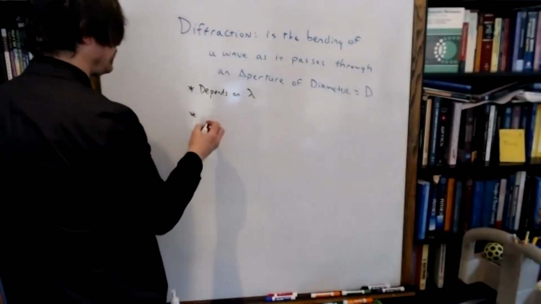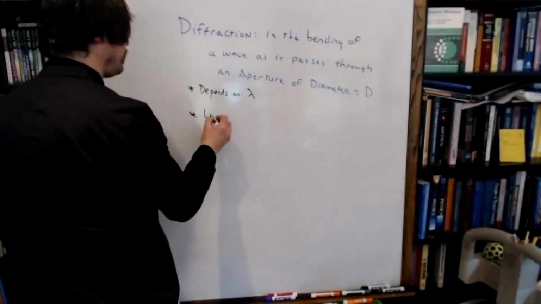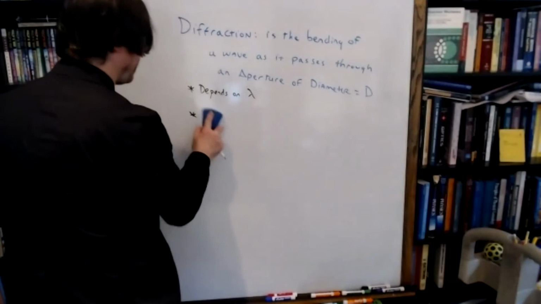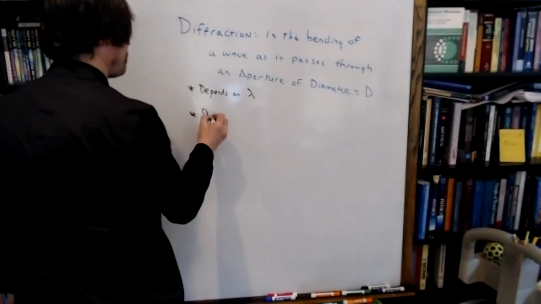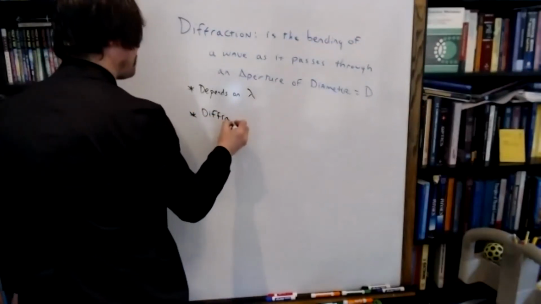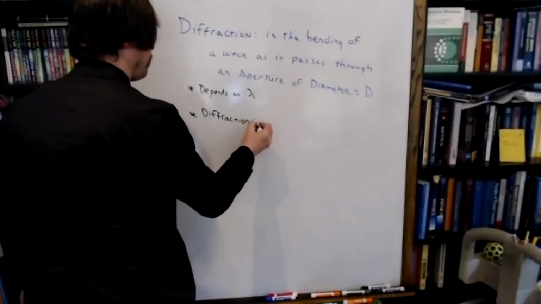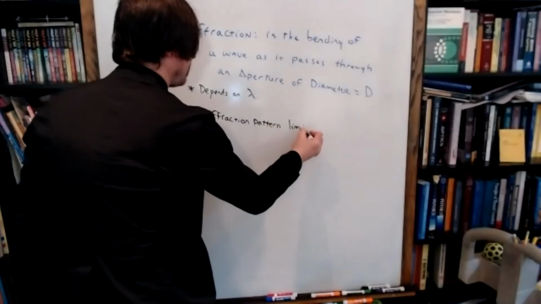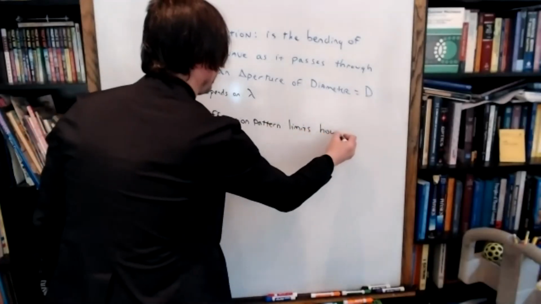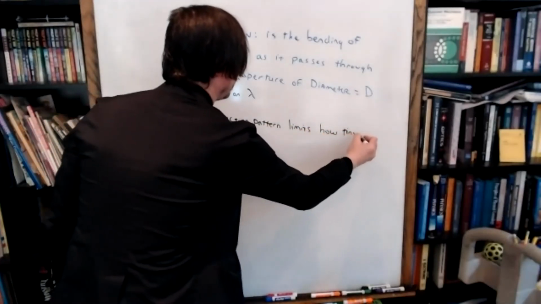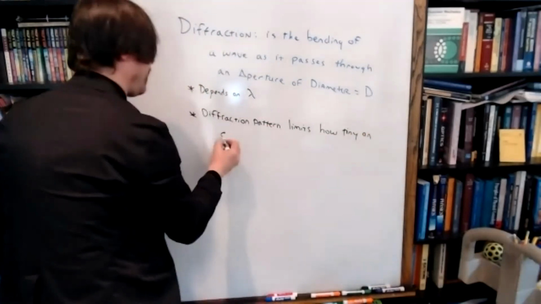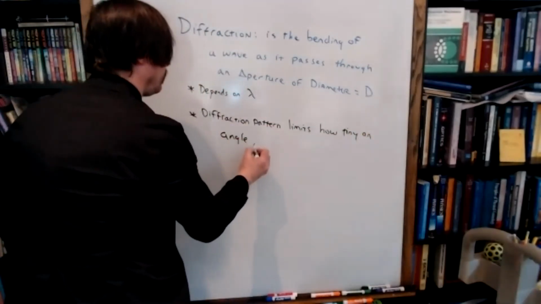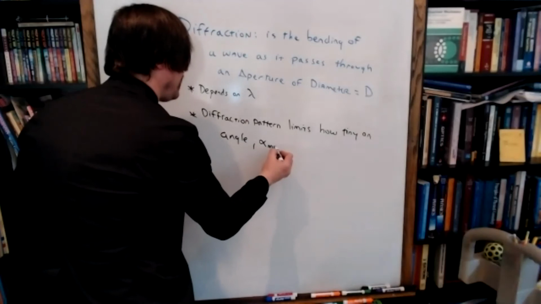And the second point I'd like to make is the diffraction pattern limits how tiny an angle, which I'm going to call alpha min.